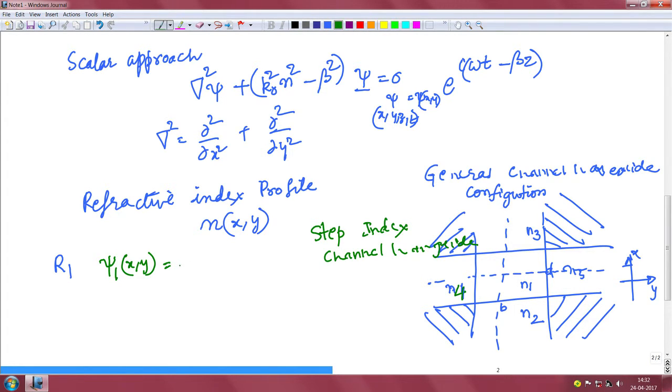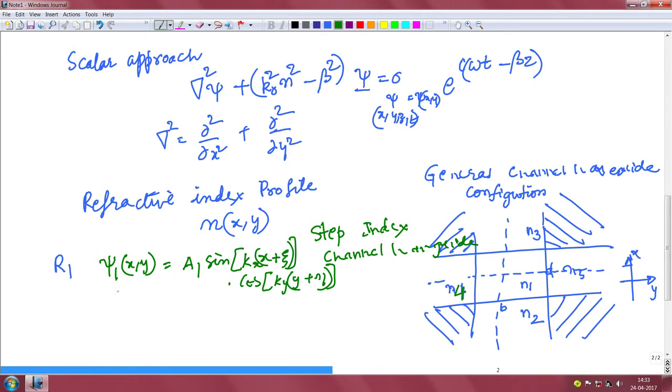So, in the region 1, a1 sine of kx, I will define all these constants as we go along, into x plus some arbitrary constant psi multiplied by one more oscillating field ky into y plus eta.